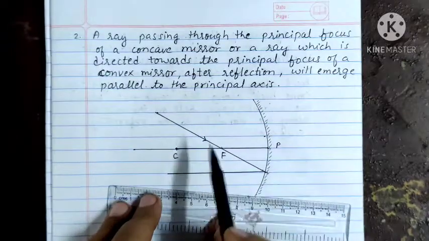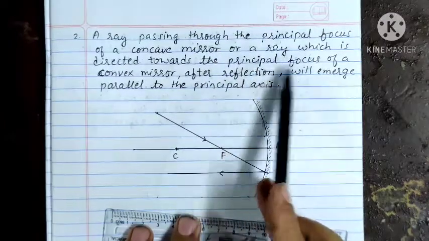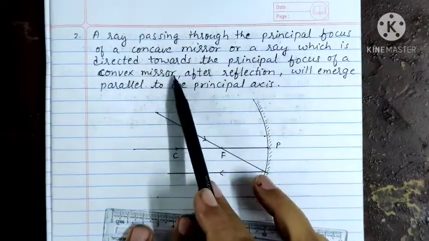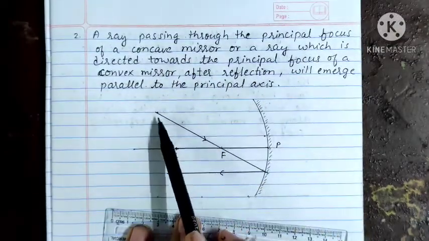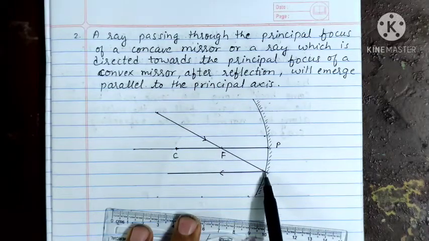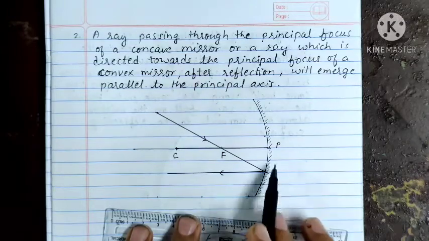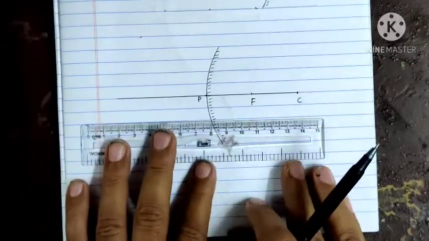So a ray passing through the principal focus of a concave mirror, or a ray which is directed towards the principal focus of a convex mirror, after reflection will emerge parallel to the principal axis. You can see it is passing through the focus. After reflection it will emerge parallel to the principal axis. So this is in the case of a concave mirror. Now we'll take the case of a convex mirror.